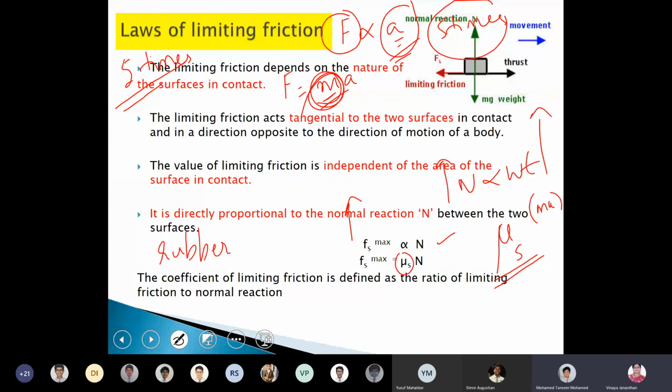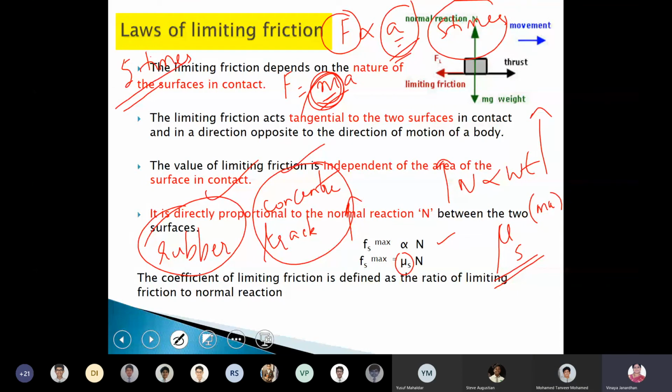These rubber tires have to move over the racing tracks. Say I'm going for a concrete track, but anyway, they don't use concrete track. For these two materials, they will check the value of mu_s.